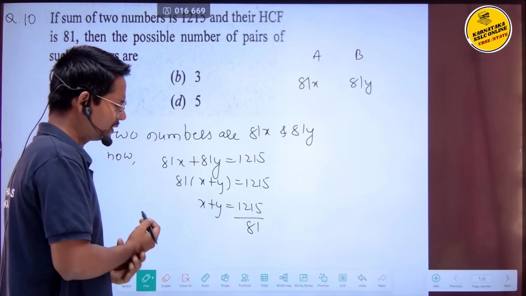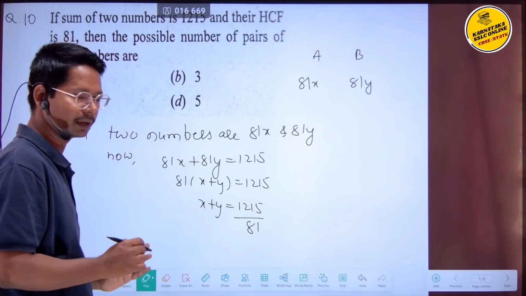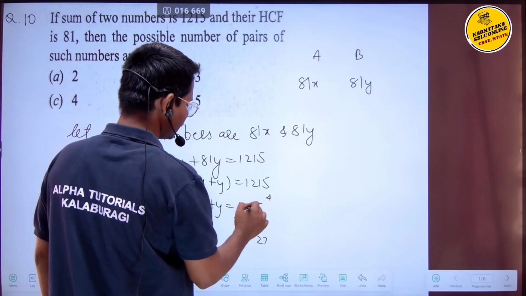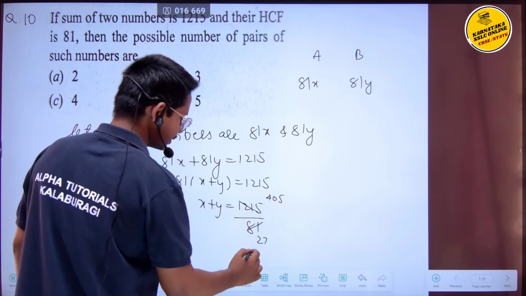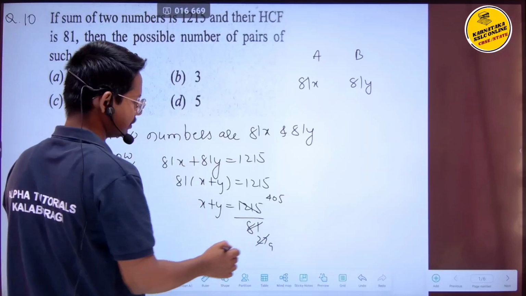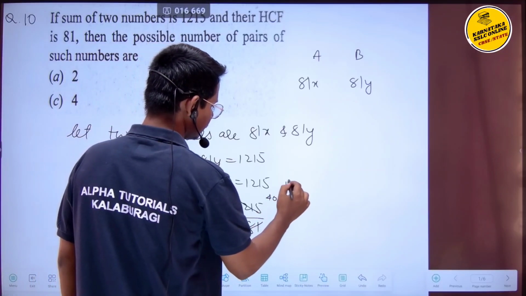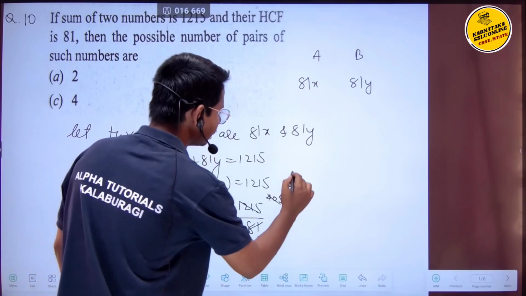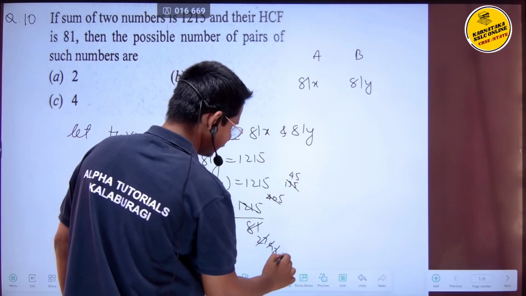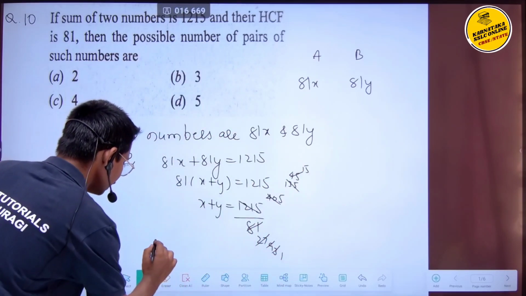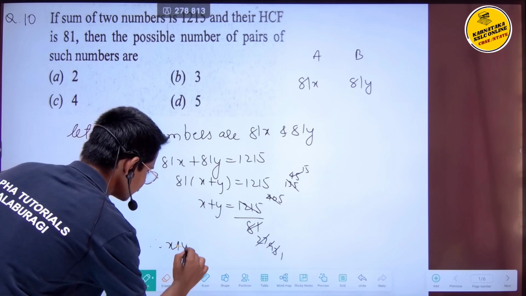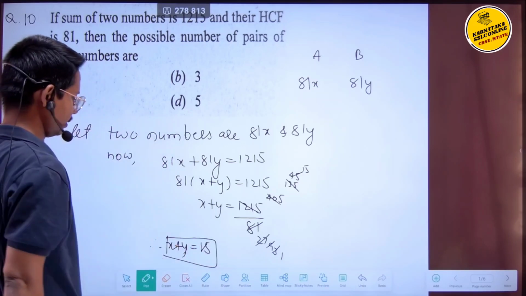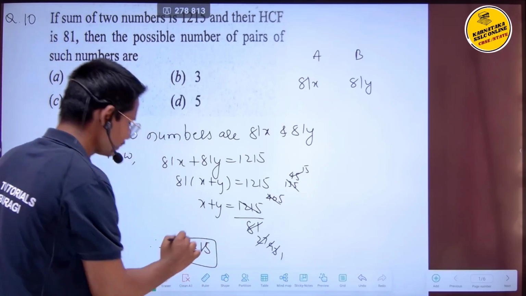Even though it is divisible by 9, we'll go with 3. 3 2s are 6, 3 4s are 12, 3 5s are 15. Finally, I'm getting x plus y to be 15.